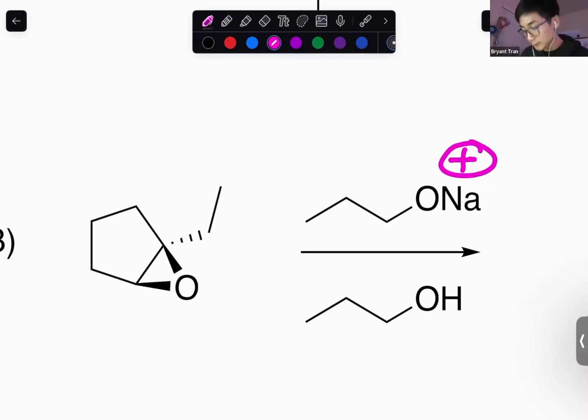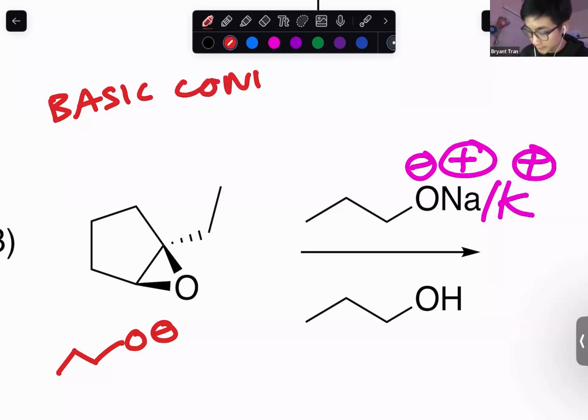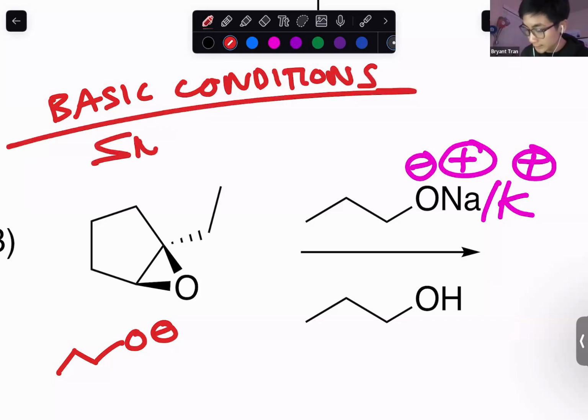The same goes for potassium, K. When you see Na or K, that is going to be positively charged, which means that whatever is attached to it is negatively charged. So our negatively charged species here is RO minus. Because we have that negative charge, we are in basic conditions. That negatively charged oxygen is our base here. In basic conditions, it's going to be strictly SN2.